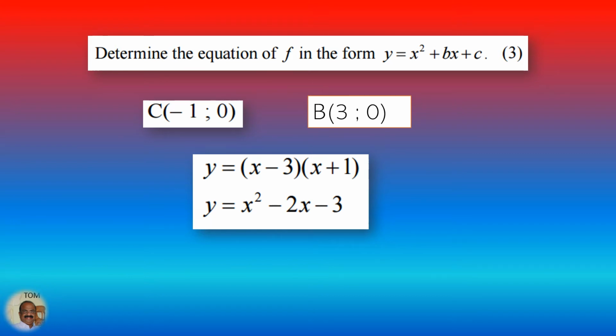Now we use the method of multiplication of the factors. Okay, (x minus 3) times (x plus 1), which gives us y equal to x squared minus 2x minus 3.